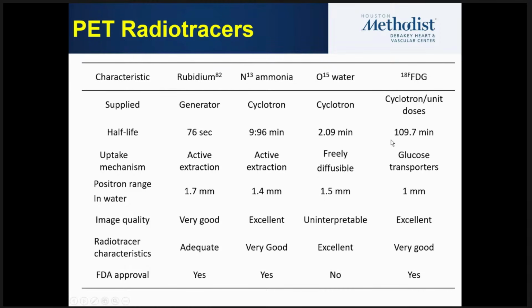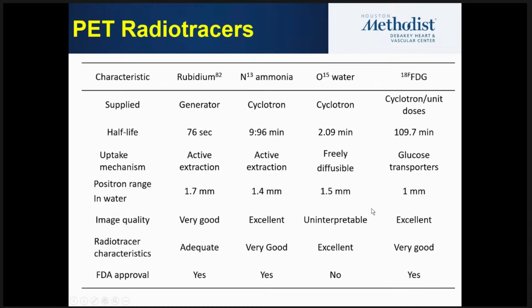So by almost 7 minutes, when the patient leaves the lab, they have no radiation. Now ammonia is about 10 minutes, so 5 half-lives is 50 minutes. FDG is about 2 hours, so the patient will have FDG on board for up to almost 10 hours.